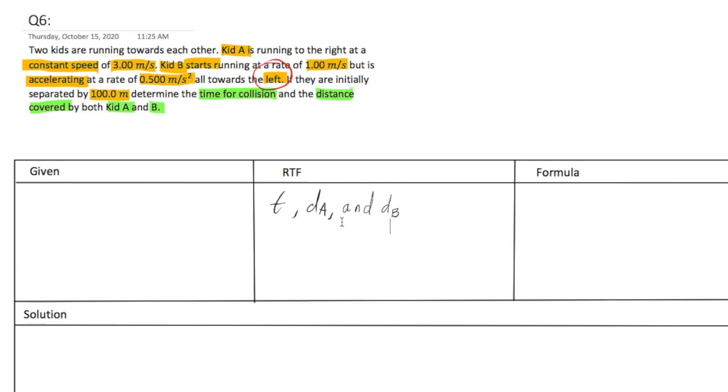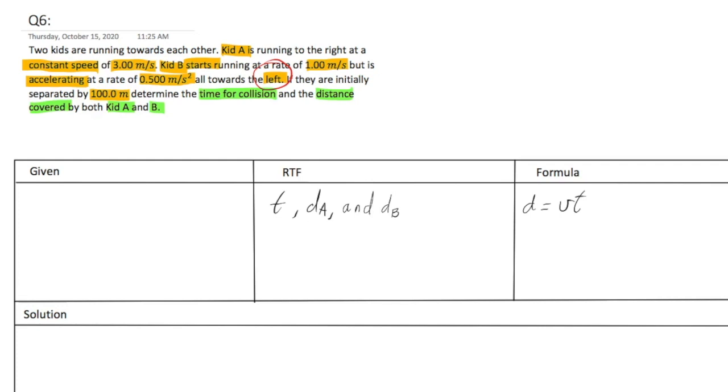Okay, so this is similar but different. And how it is different is that one of the kids is accelerating, which means that we have to now move to those accelerated motion kinematic equations for Kid B, because Kid B is experiencing accelerated motion. So Kid A, just constant motion.